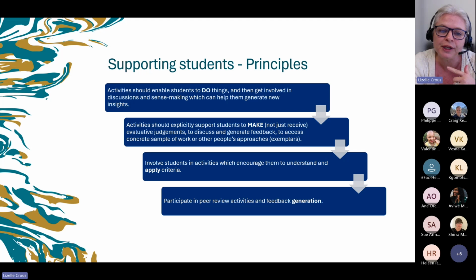Create an opportunity for them to discuss the feedback and not just receive it, but to negotiate and communicate if they agree, or challenge, or ask questions as to how the peer got to the judgment that was being passed or the feedback that was being received.